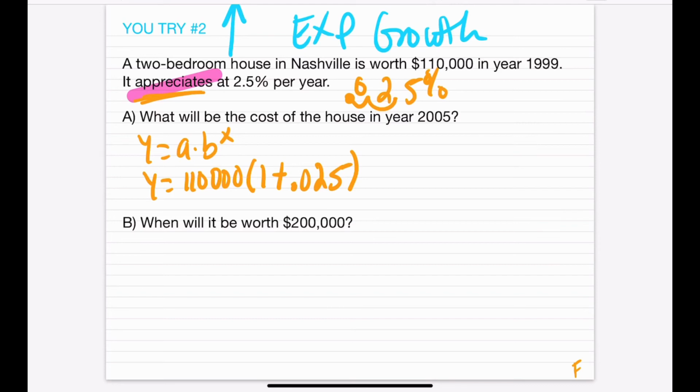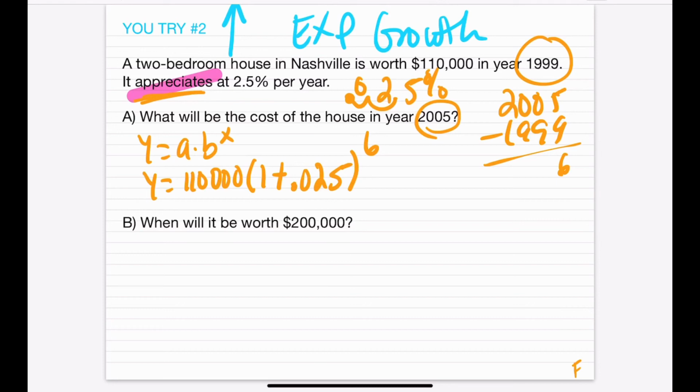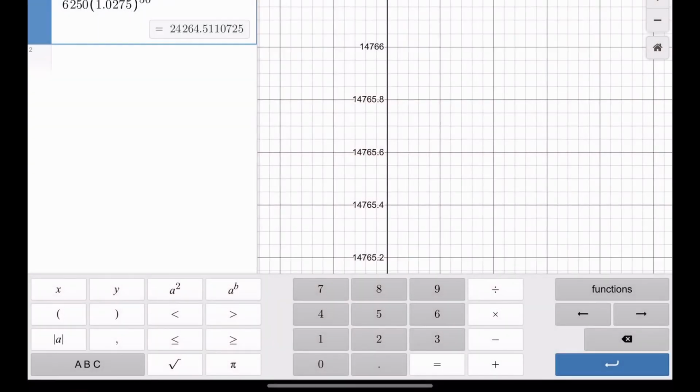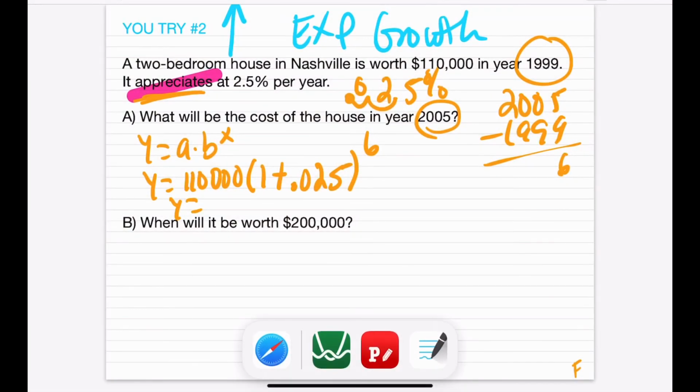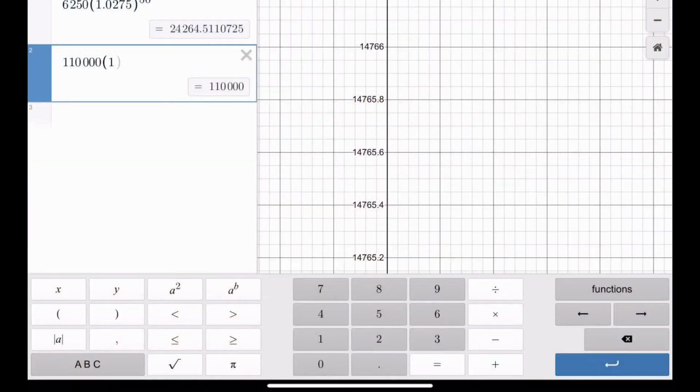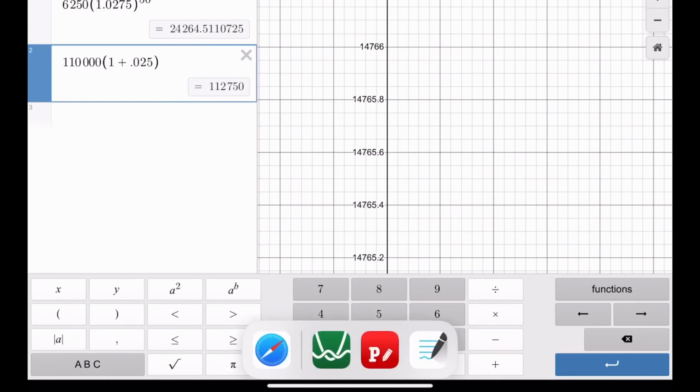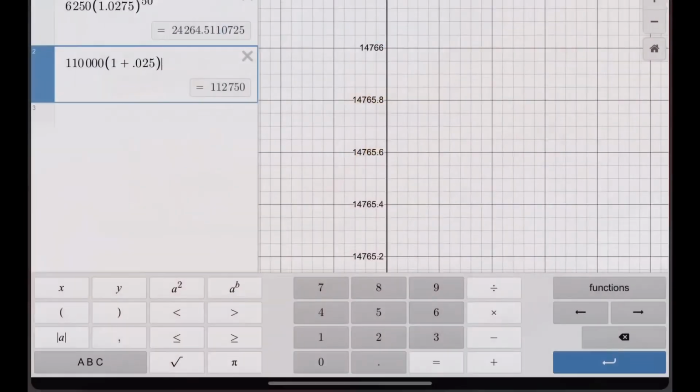It's asking about the value in the year 2005. So the initial year was 1999. So of course that is 6 years later if you subtract the two numbers. So the x value will be 6. So put that in the calculator and that'll be your final answer. One plus 0.025, to the power of 6.